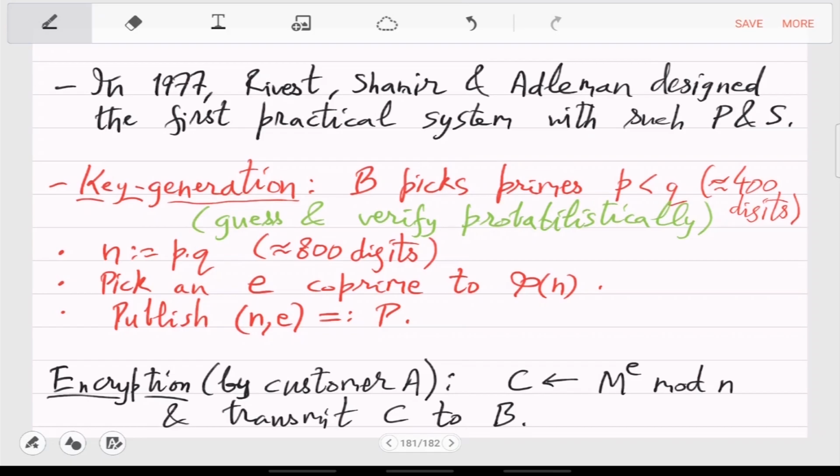So the customer just encrypts whatever the message is. This is the password, the account number, this much money has to be transferred. Right, that's the message. You look at it as, let's say, a number. The whole message, you think of it as a number modulo n, and you raise it to e.